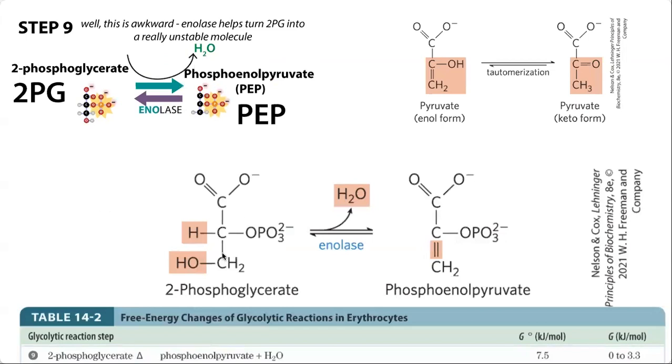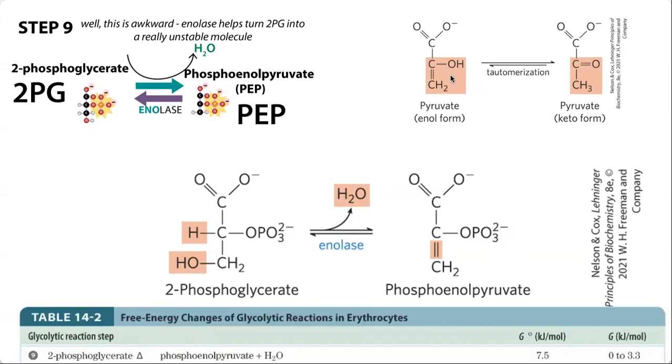So the next step is that now that we've moved things like this, the enzyme enolase can do an elimination reaction to remove water. When you remove water, what you've formed is this enol. Hopefully you remember back to your OChem, an enol is like an alkene, a double bond between 2 carbons next to an alcohol group.